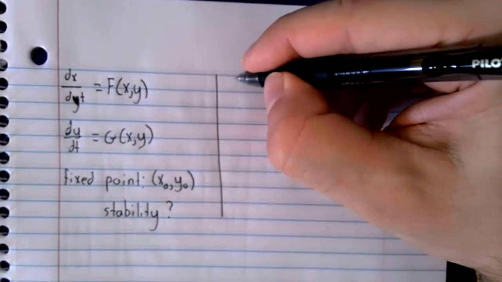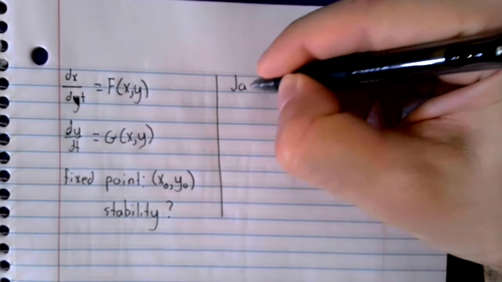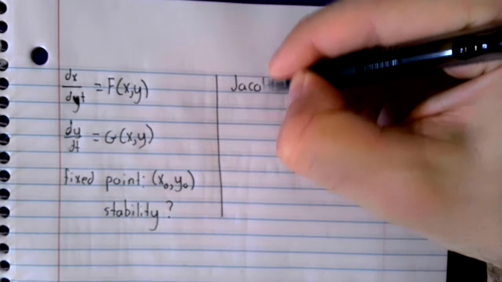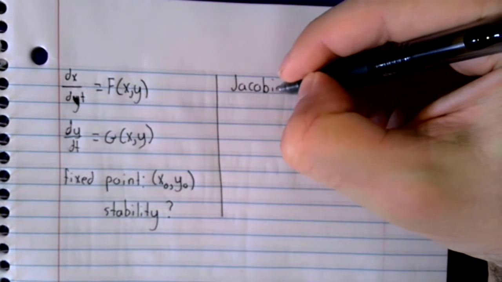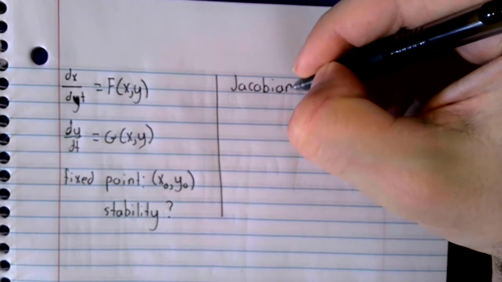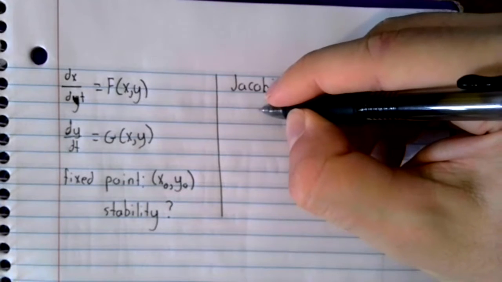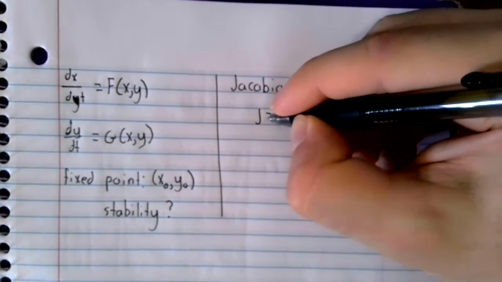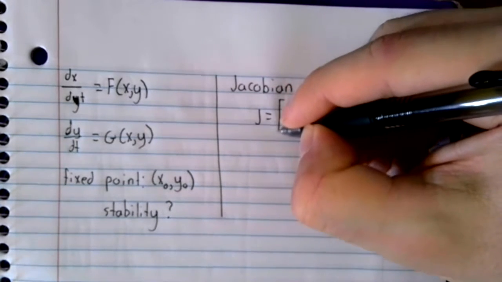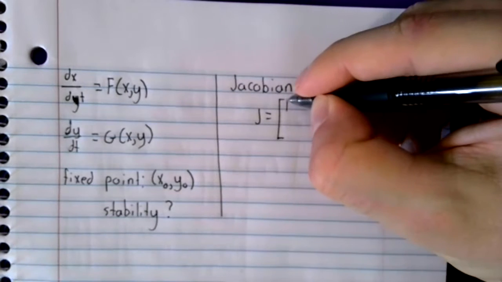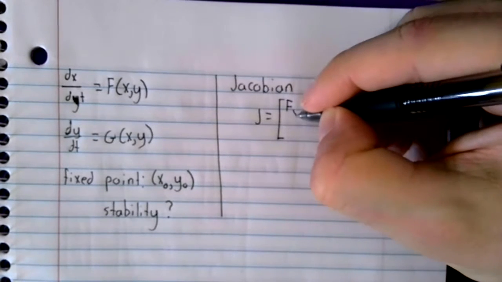We'll define the Jacobian to be a matrix of partial derivatives.